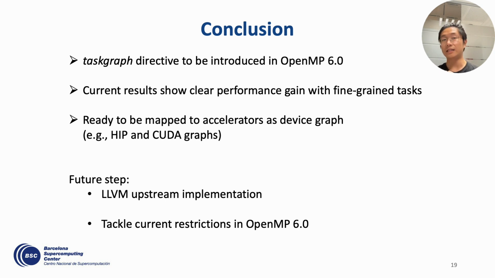It enhances the performance of OpenMP, but also its interoperability, because we can map such graphs to GPU graphs. For now, the implementation is mainly internal to BSC, but we look forward to upstreaming it to the upstream LLVM implementation.